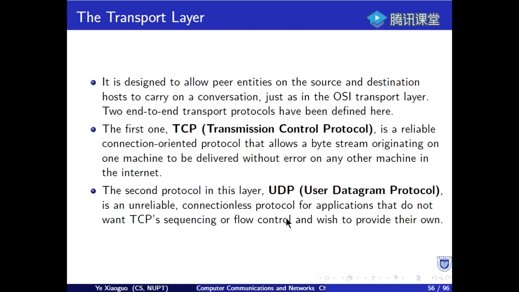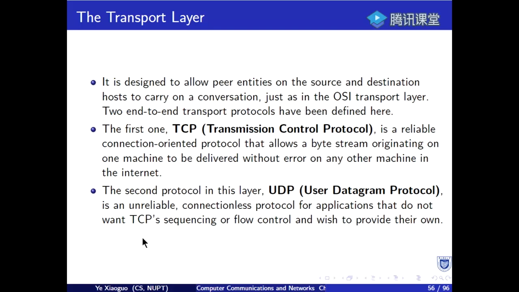The second protocol in this layer is UDP, User Datagram Protocol. It is an unreliable connectionless protocol for applications that do not want TCP's sequencing or flow control and wish to provide their own.